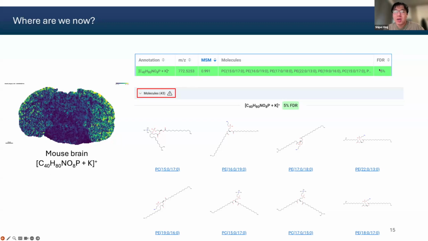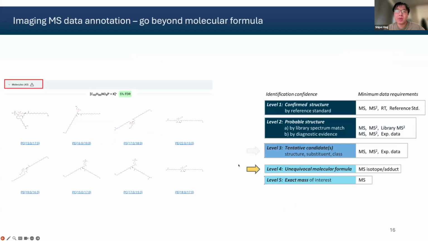However, it has more than 50 candidate structures in the structure database, where you can see we have candidates of both PCs and PEs. And we cannot provide evidence for the chain lengths either. So we need more evidence to show which lipid it is, PC or PE, and which chain lengths it has.